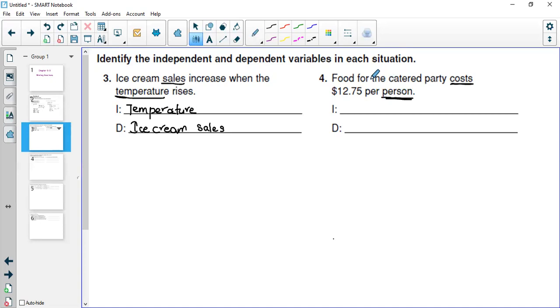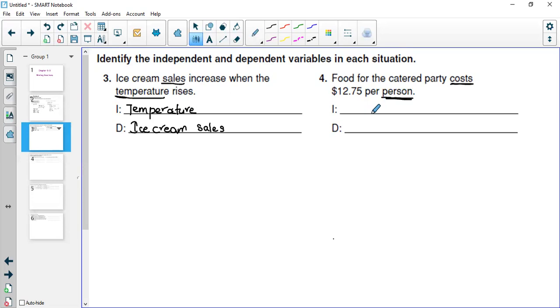So which is the independent variable among these two? Means which is the one which can keep changing independently without any other information? The people. So the number of people can be more, number of people can be less. Now the cost of the food depends on the number of people, because if 5 people come, that would cost something around $62.